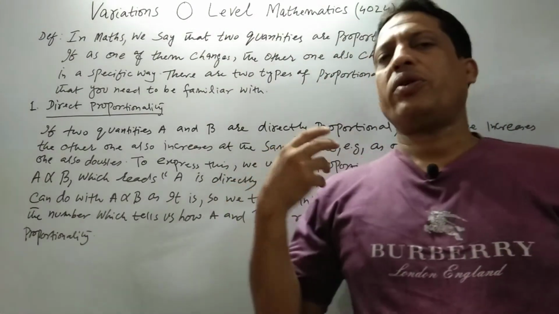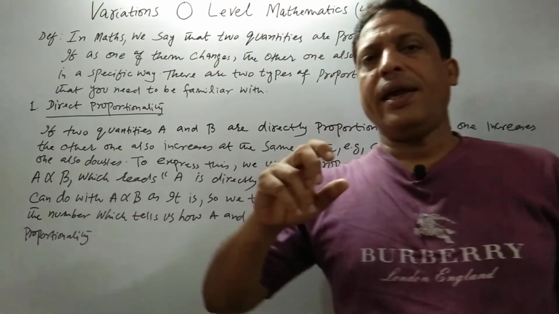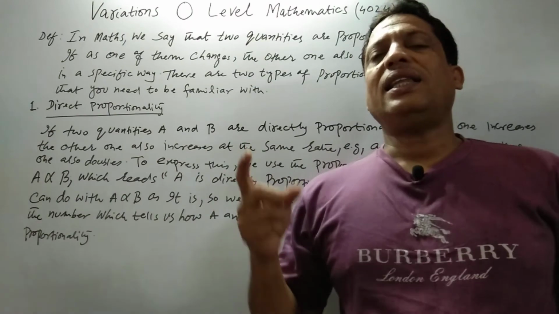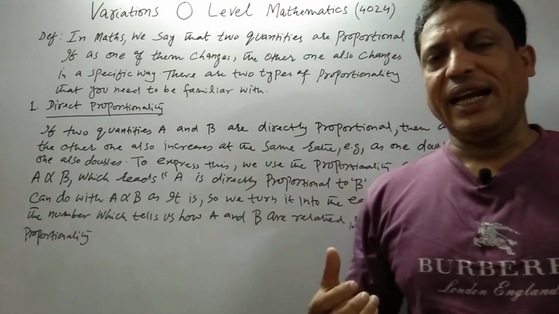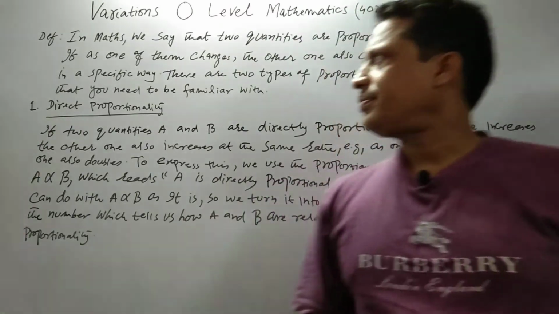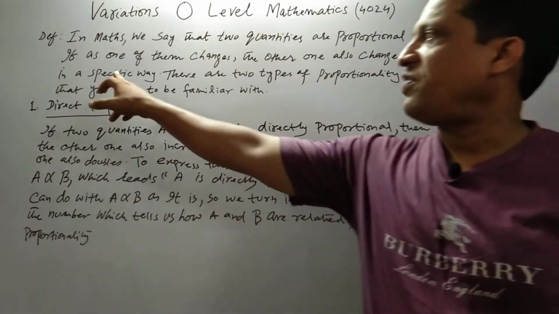So if one quantity is changed and the other quantity is also changed, we say that these quantities are proportional to each other. The other one also changes in a specific way.